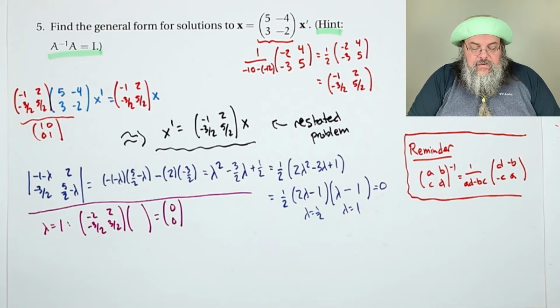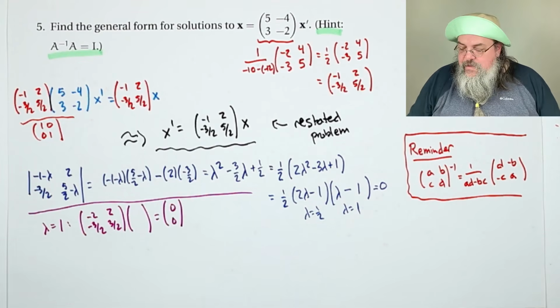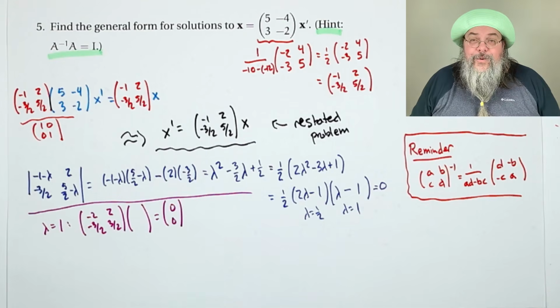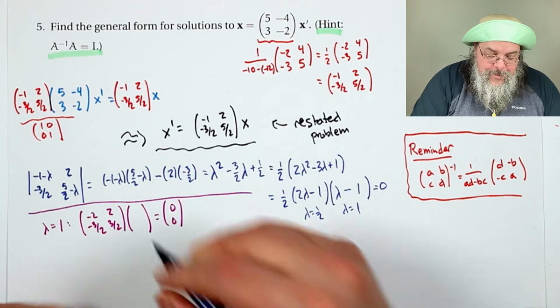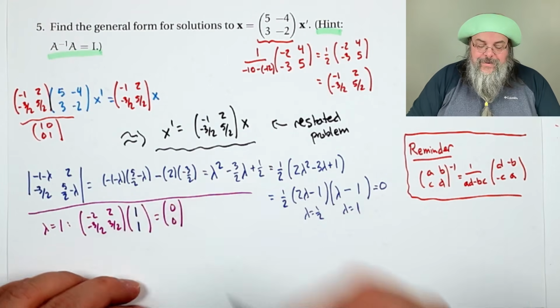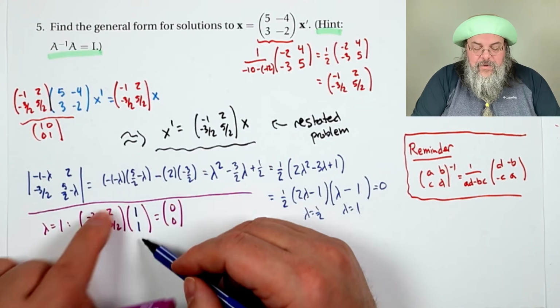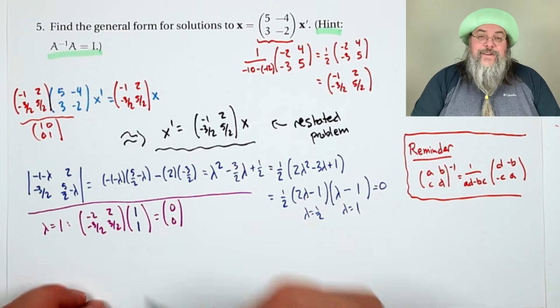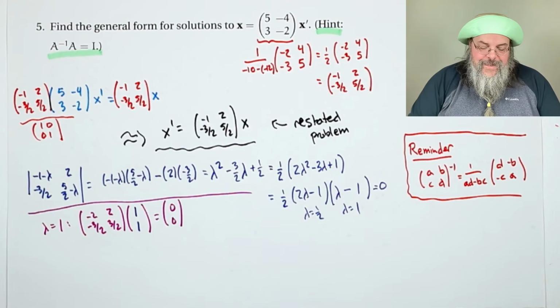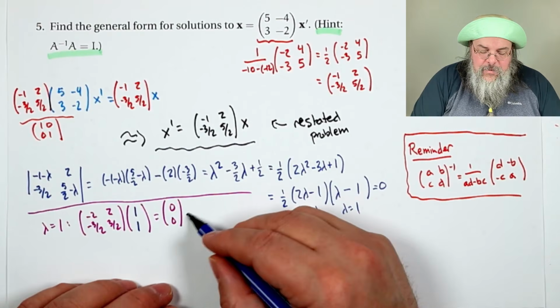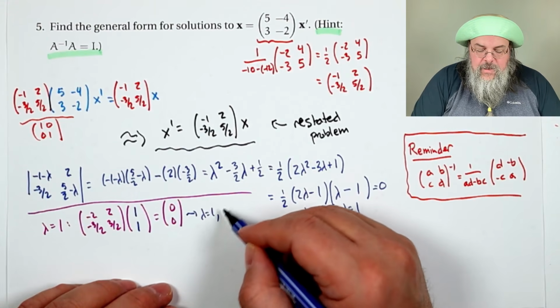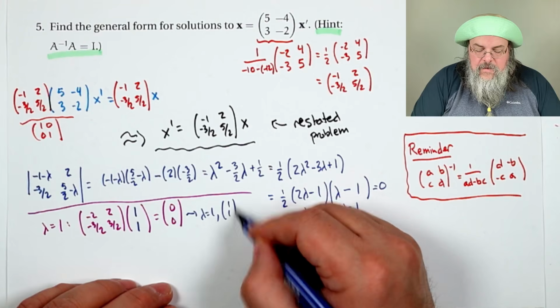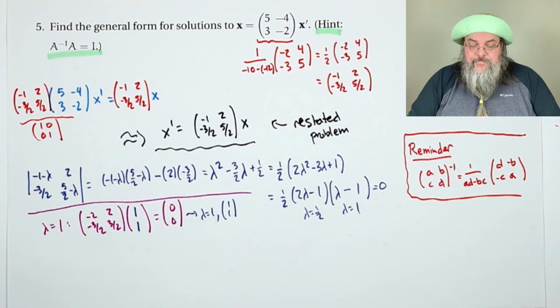All right, can you see something? I actually see something. 1, 1, right? Because minus 2 plus 2, minus 3 halves plus 3 halves. 1, 1 is very common. So we end up with lambda equals 1 goes with eigenvector 1, 1.